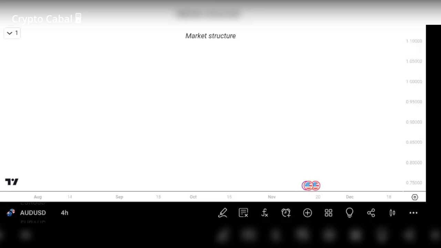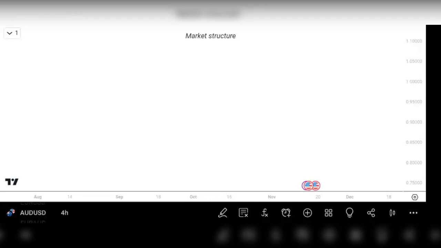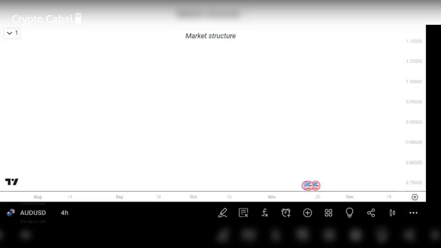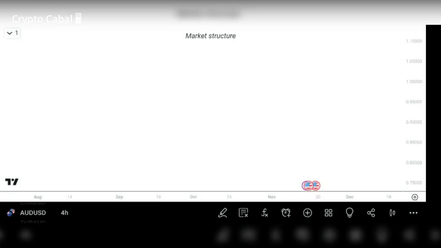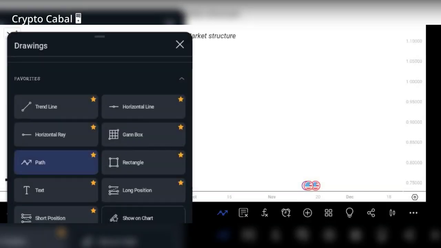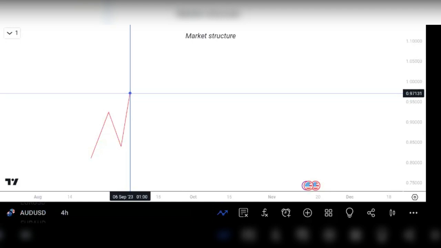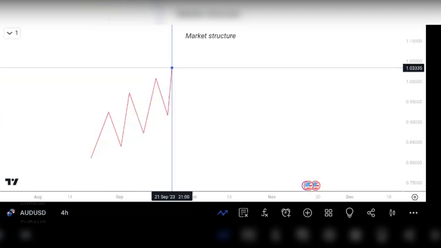Now, when we are talking about trends, we have three types of trends. We have the uptrend, which is the bullish market. We have the downtrend, which is the bearish market, and we have the consolidating market, the ranging market. When we are talking about the uptrend, we have something like this, price moving towards the upside.